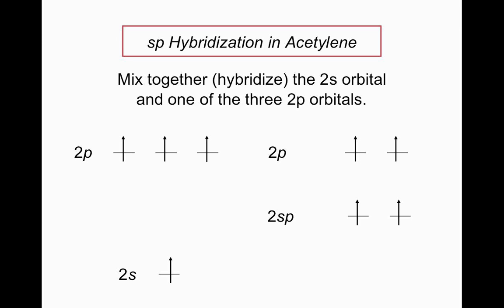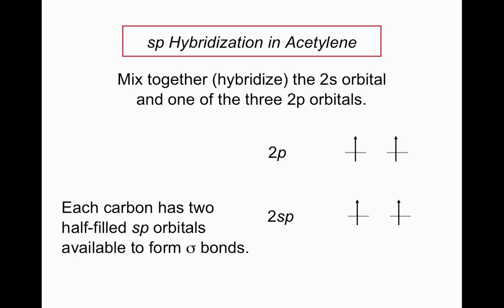Alkyne carbon atoms are sp hybridized, which means that one s electron orbital mixes together with one p electron orbital to produce two sp orbitals and leave behind two half-filled p orbitals. Those two half-filled p orbitals will each go on to become the two pi bonds, and the two half-filled sp hybridized orbitals will form the two sigma bonds around the carbon atoms in the alkyne functional group.